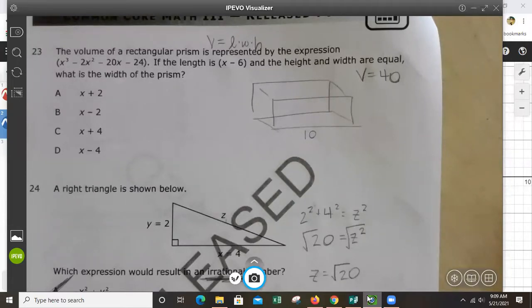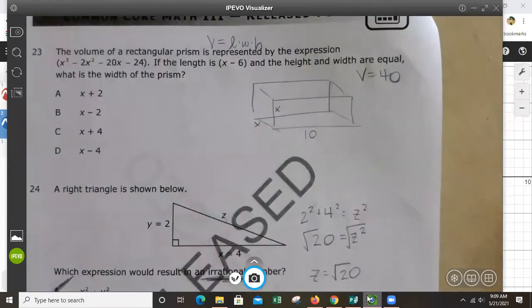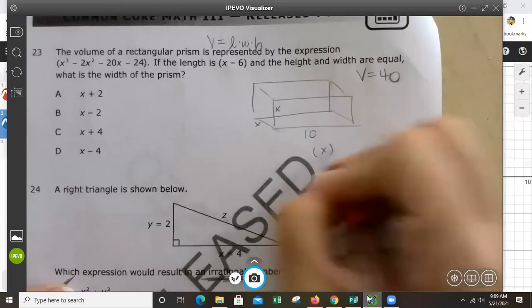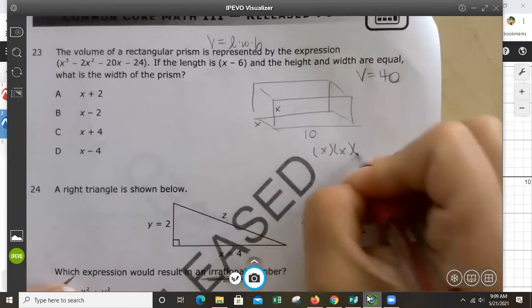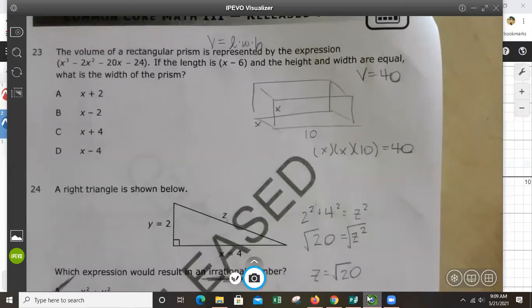Y'all, it's not a trick question. What does equal mean? They're the same, but we don't know them, so what can we do? Put an X for both of them, right? Since they're both the same. Good. So what you're telling me is if I do X times X times 10, I should get 40, right? Yeah. Well, how do I figure out what X is?